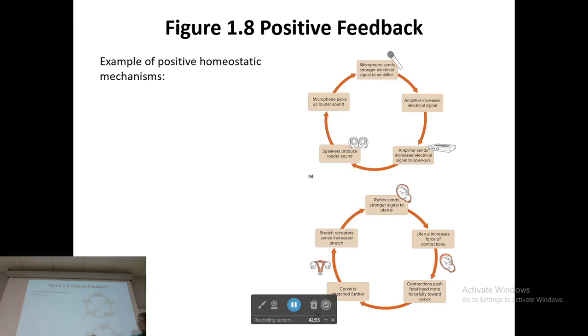Okay, so the baby's getting ready to be born. It starts out with contractions, and the contractions are small, and then as that's detected, it gets worse. This stretch within the uterus and the cervix, and then it gets worse and worse, and it keeps going until finally the baby's born. All right, so it's taken away from bringing it back to normal.